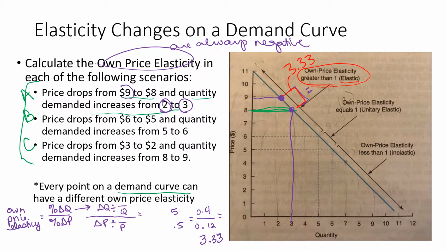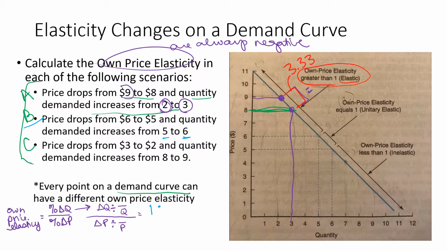Okay, I'm going to erase the last part of this and we will quickly calculate the next two. So for B, the price drops from $6 to $5 and the demand increases from 5 to 6. So 6 to 5 is the change in quantity.